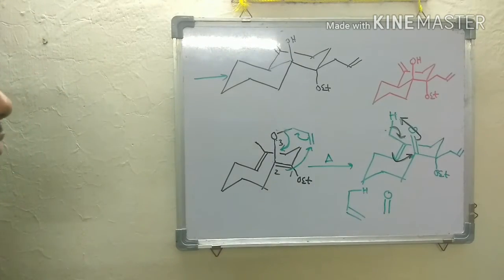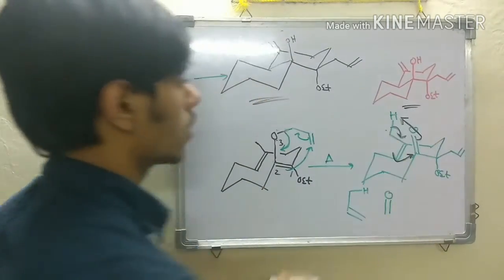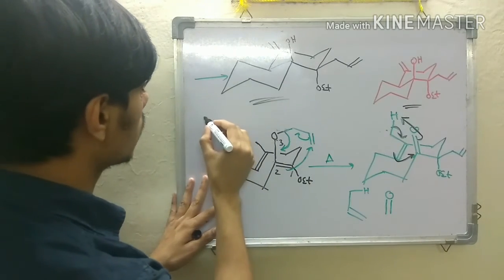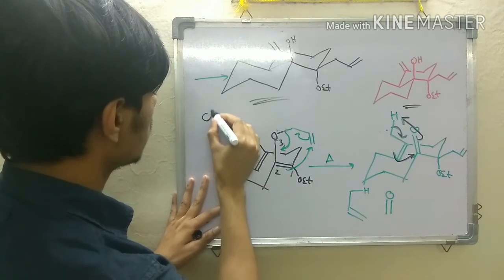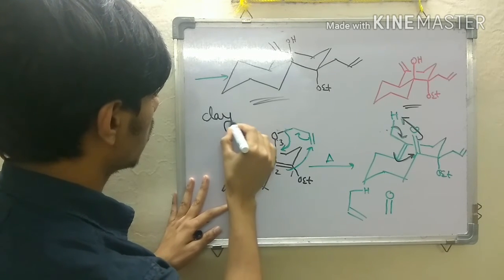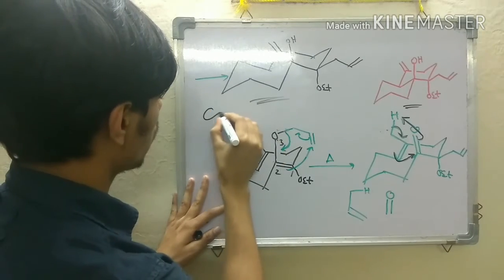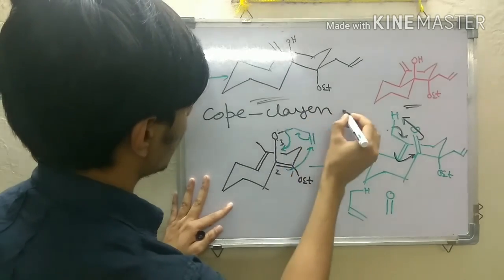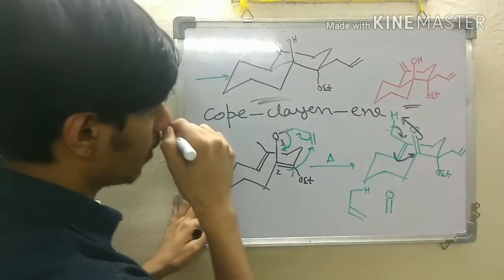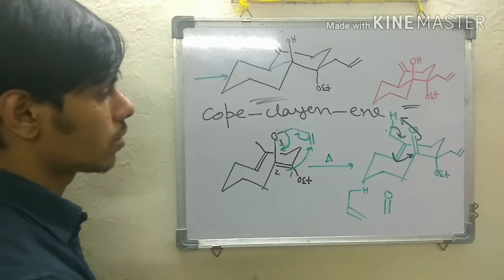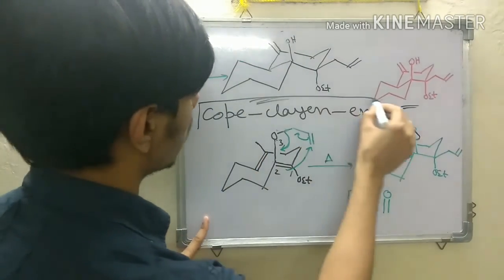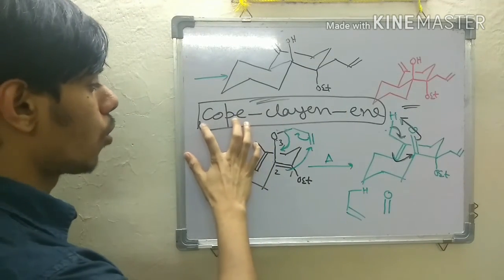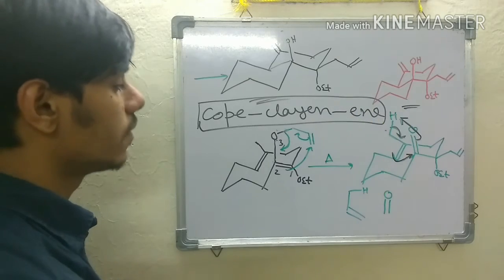So this is your product, matching with this same product. So the reaction order would be: first it was Cope, then Claisen, and then ene. I don't remember which option was there, but this would be the correct order of the reaction. So Cope followed by Claisen followed by ene reaction.